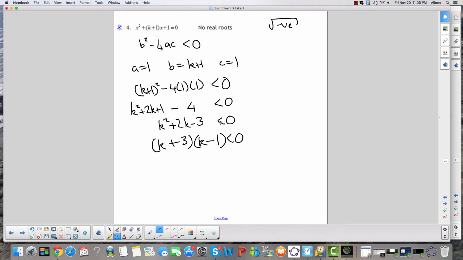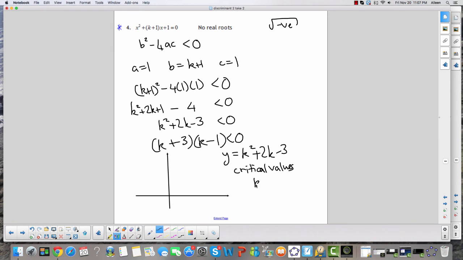So to help us to solve it, we're going to draw a graph that has a y-axis that we're familiar with, and not an x-axis, but a k-axis. So this is going to be an expression for y about k. We're going to draw the graph y equals k squared plus 2k minus 3, and we know the critical values occur at k equals negative 3 and k equals 1.